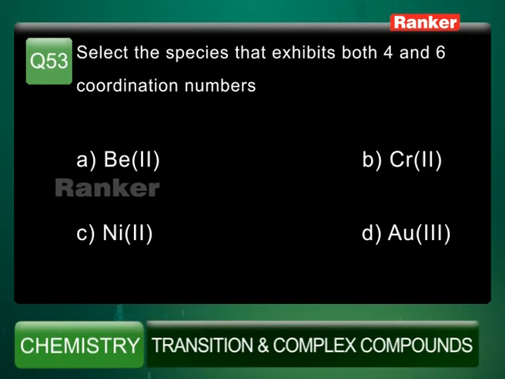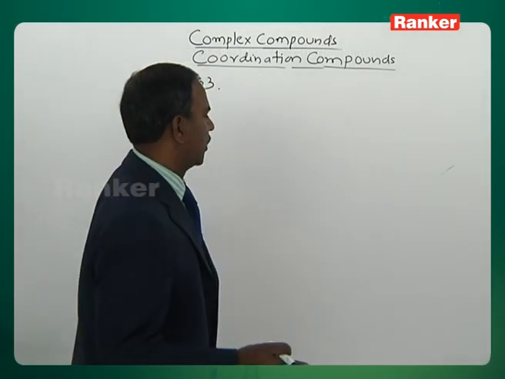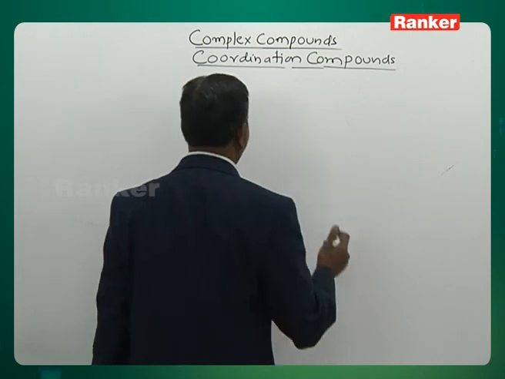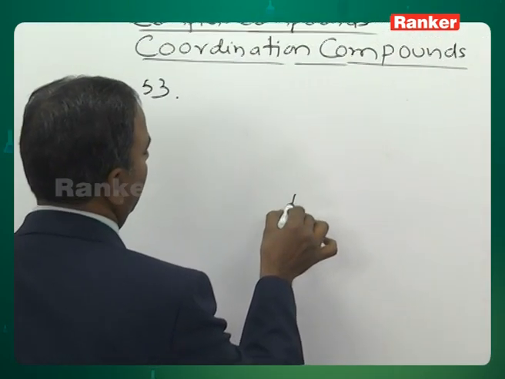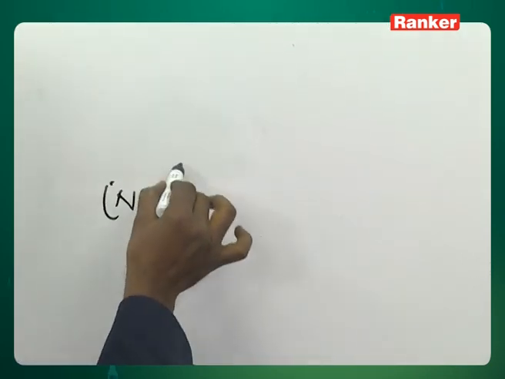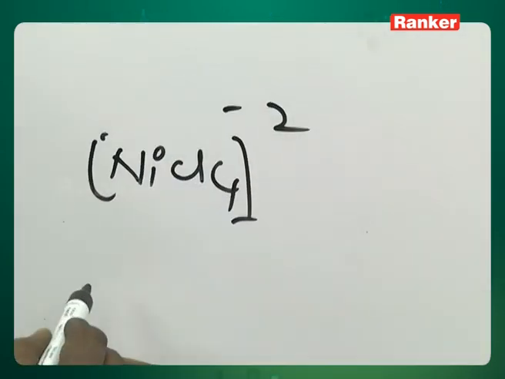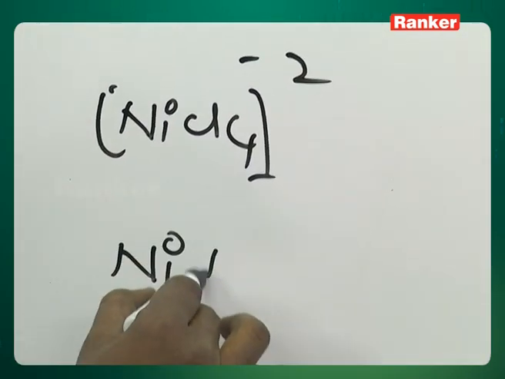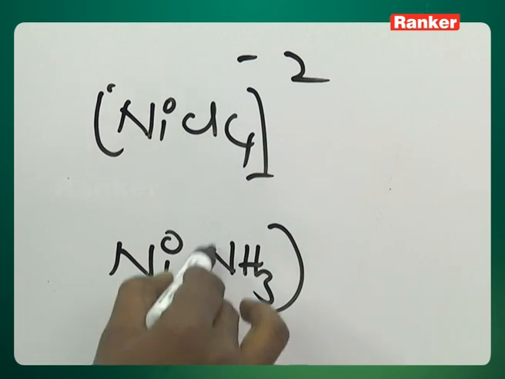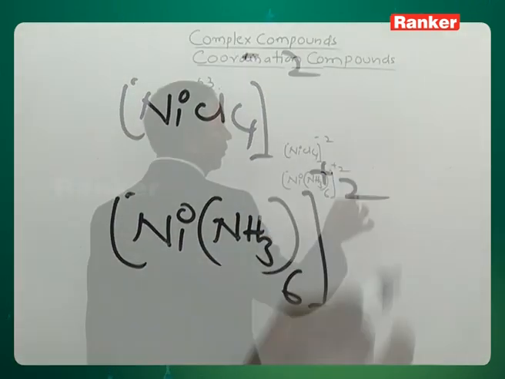And option C, nickel plus 2. Nickel plus 2 exhibits coordination number 4 and also coordination number 6. Suppose you take NiCl4 2-: nickel is plus 2, but the coordination number is 4. Take another complex, Ni(NH3)6, also plus 2.